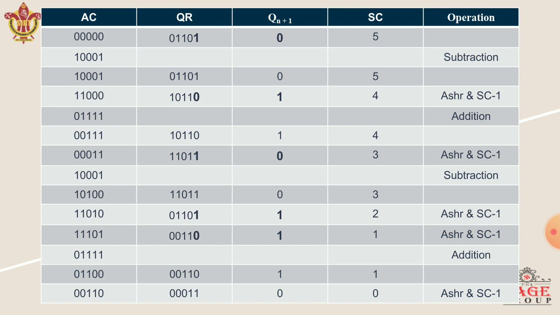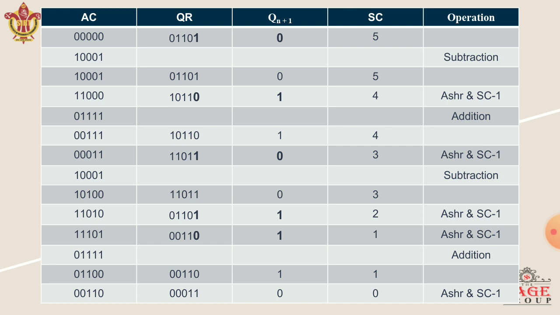Now check the value of SC. It is not equal to 0, so the loop will continue, and we got the value of Qn and Qn plus 1 as 1 1. In that particular case, directly perform the arithmetic shift right operation and decrement the value of SC by 1. So the value of SC is 1, and after shifting, Qn plus 1 is 1, QR is 00110 and AC is 11101.